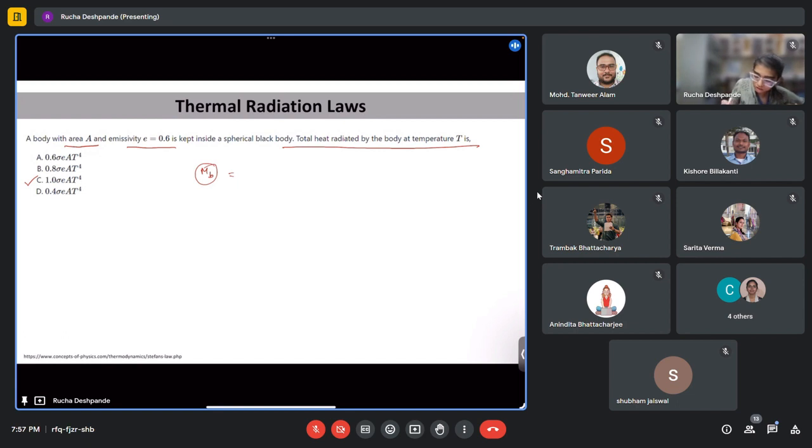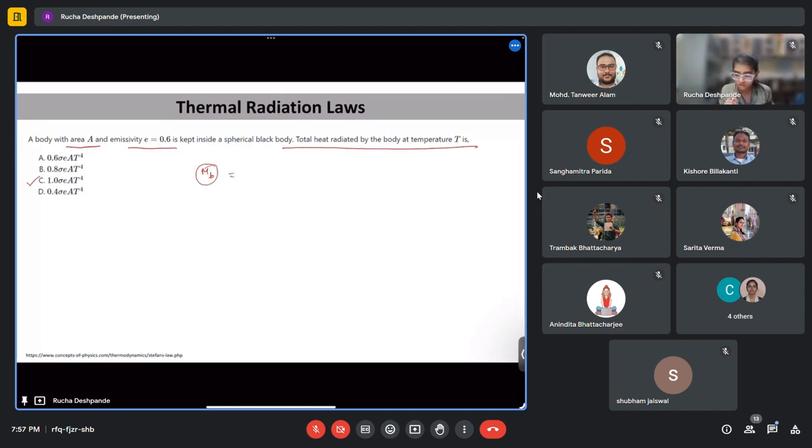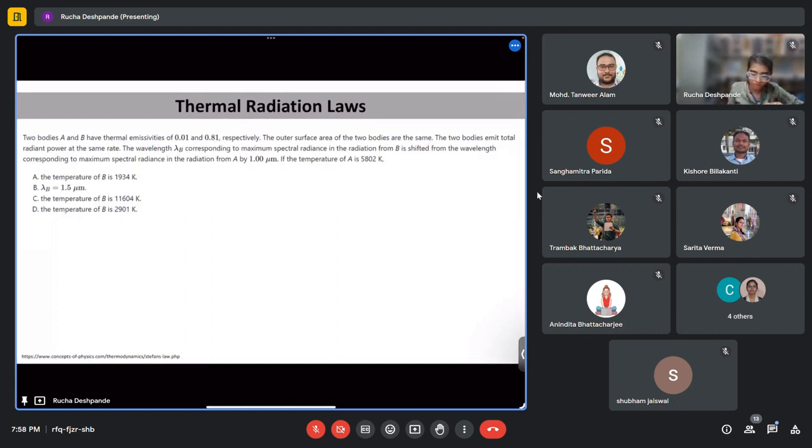So if we want to calculate the total heat radiated by the body, then we will have to multiply it with the area of the body. We'll try to solve this problem, and then we'll end the session.